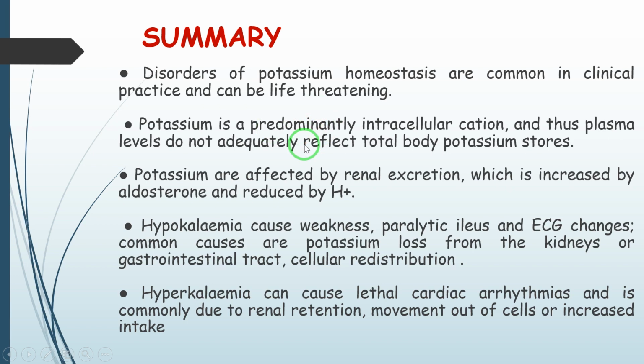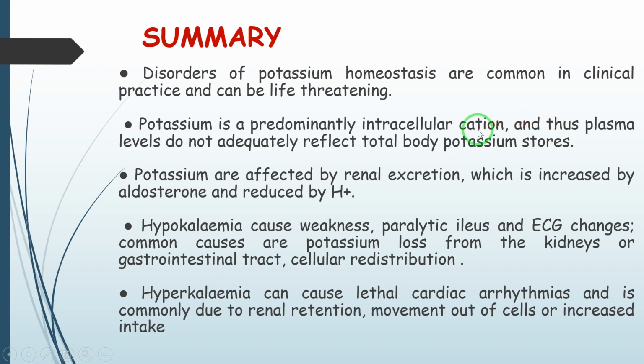The other fact in this lecture is that potassium is mainly an intracellular cation. We said it's about 98% intracellular. So the plasma level of potassium does not adequately reflect the total potassium stores, because only 2% of the potassium is found in the circulation.